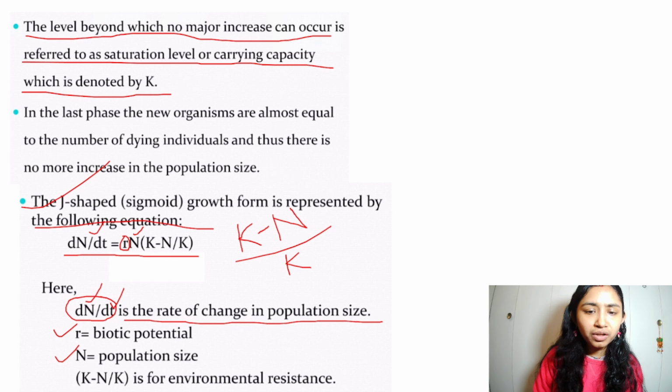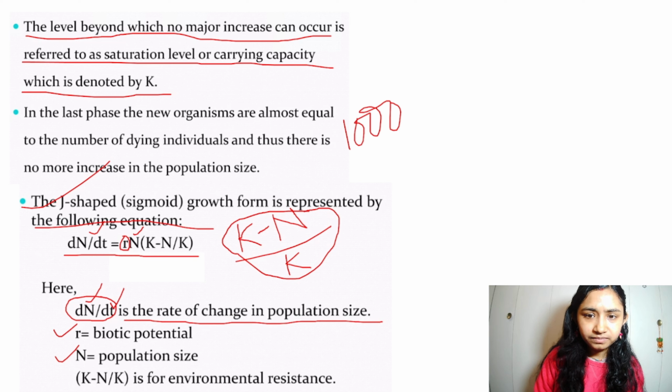It's the proportion of unused resources remaining. For example, 1,000 was the total carrying capacity, and only 500 people came in for the first batch. So how much is left? 500.